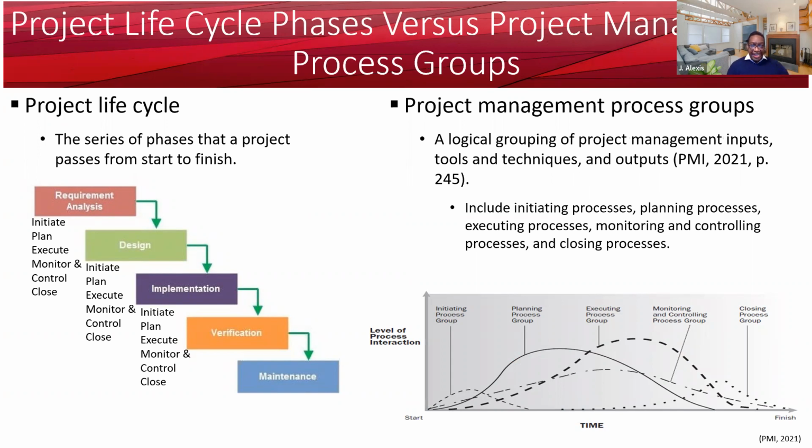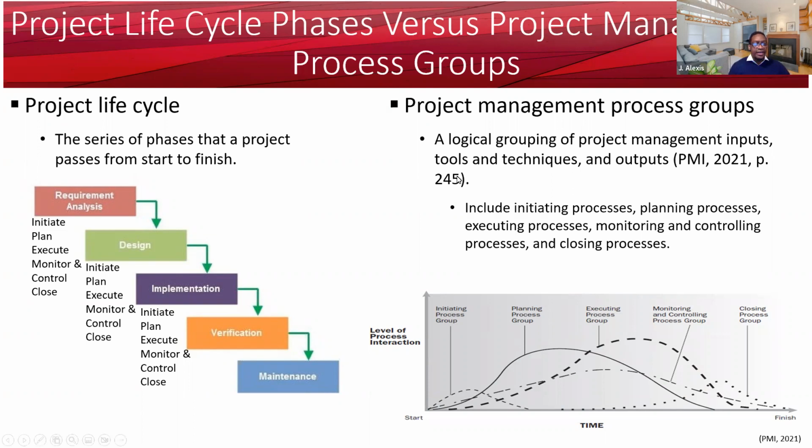So let's take a look at the difference between lifecycle phases and project management process groups. To my left, you have project lifecycle phases, and to my right, you have the project management process groups. The project management process groups are a series of interrelated activities that you perform to deliver a project or a phase of a project.